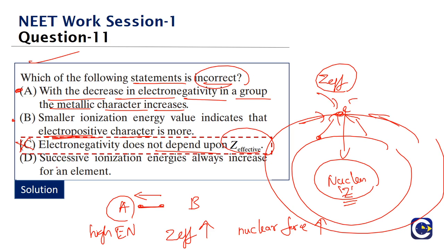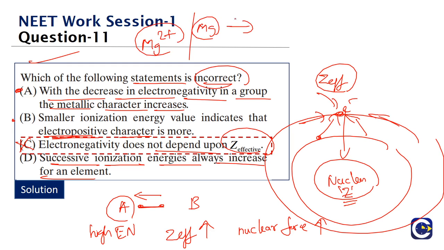What is option D? Successive ionization energy values always increase for an element. Why? Think about it. Take for example forming Mg2+. How do we form Mg2+? First we take magnesium, remove an electron to form Mg+, and from Mg+ we remove another electron to form Mg2+.